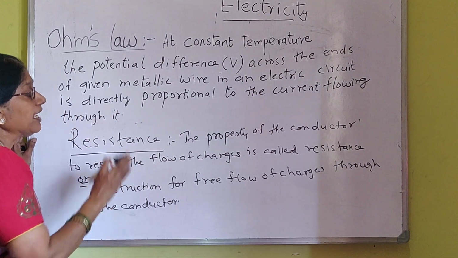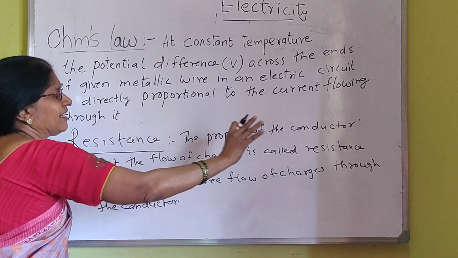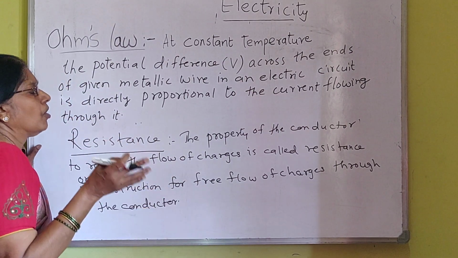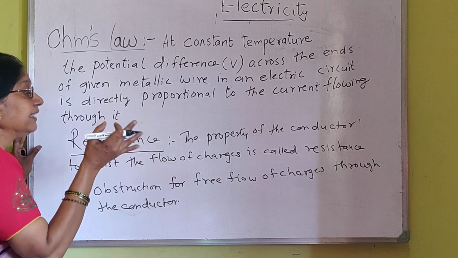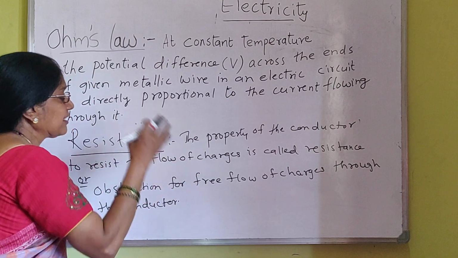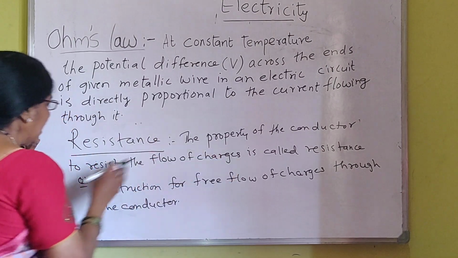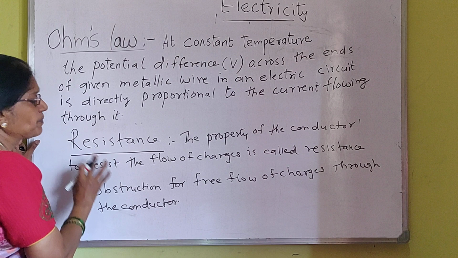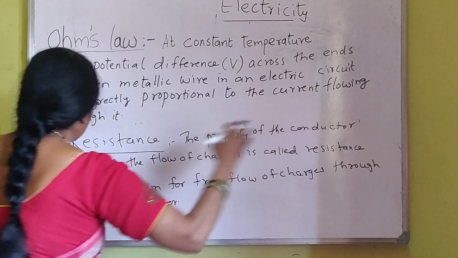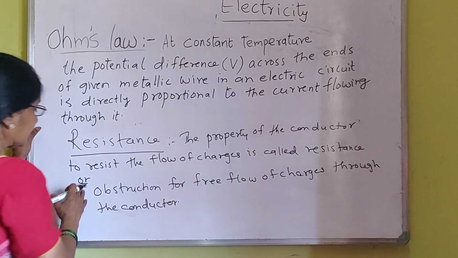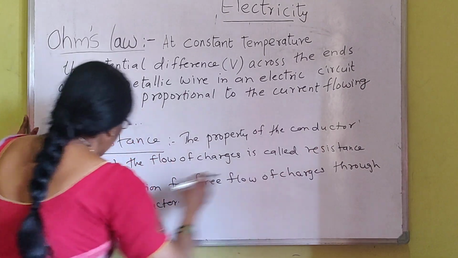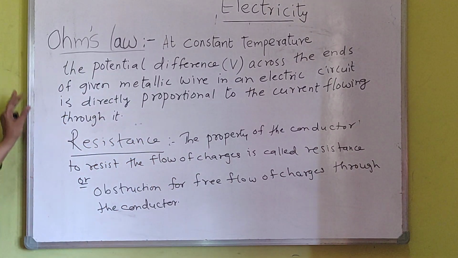So see what is meant by resistance. It is the property present in the conductor. Any metallic wire, whether it is copper or aluminium or silver, the charges will be flowing very freely. But sometimes these charges are resisted. Resisted means obstructed. The charges cannot flow very freely. And this is called resistance, or in other words, obstruction for free flow of charges through the conductor is called resistance.